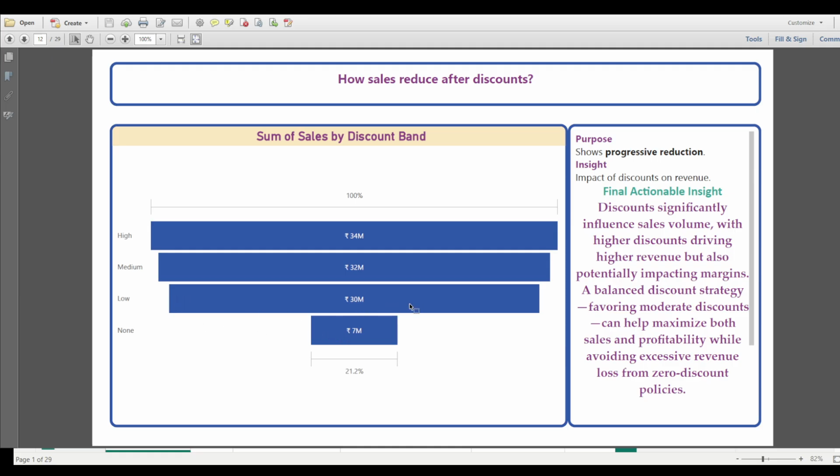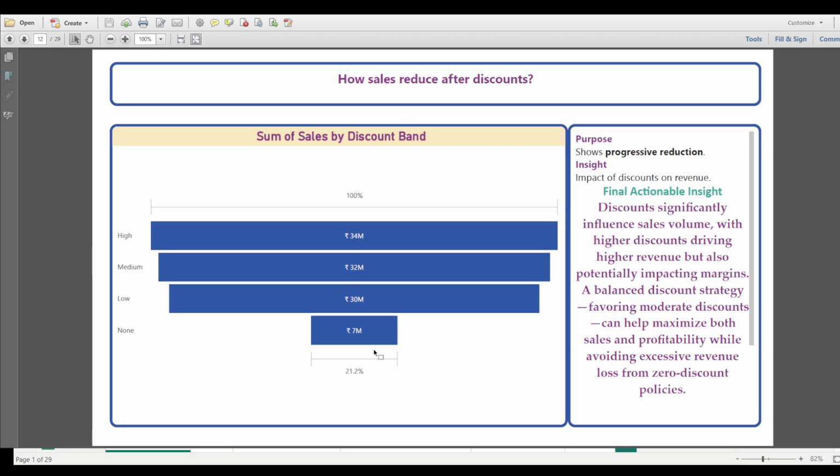When discount is low, how much sales is being made. Out of 100% it is showing the distribution from higher to lower, right? So it shows progressive reduction, how the figures or the sales are being reduced by the impact of discount band.